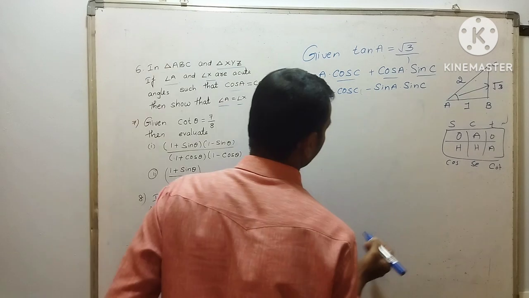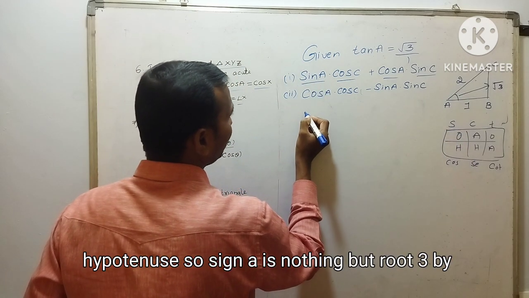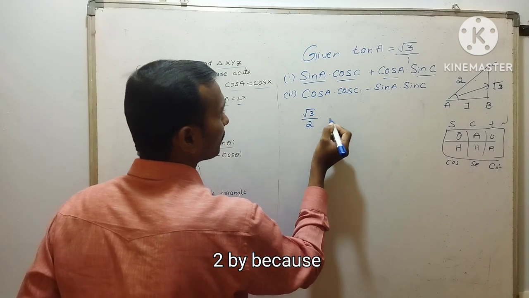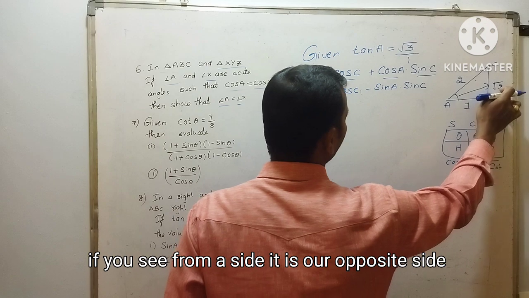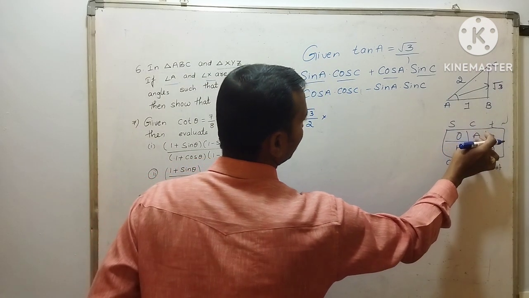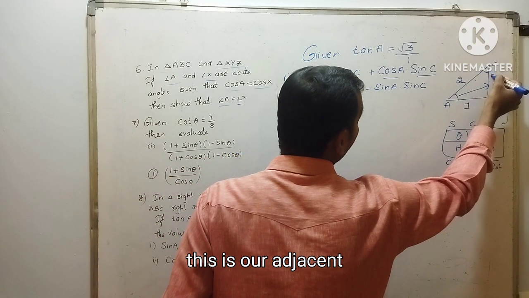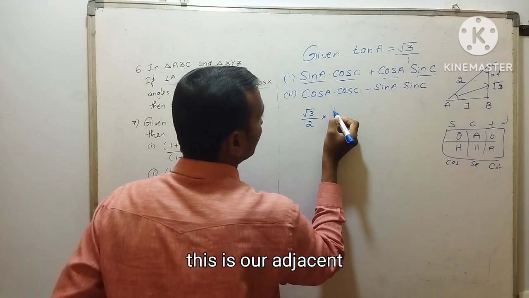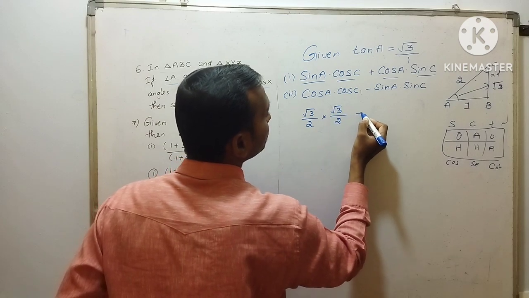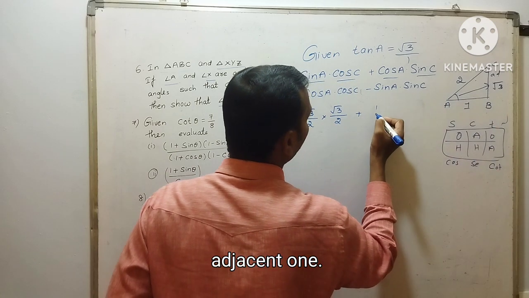So now, sine is nothing but opposite by hypotenuse. So sin A is root 3 by 2. Why? Because if you see from the A side, it is our opposite side. This is the hypotenuse. Cos C: cos is nothing but adjacent by hypotenuse. From the C side, this is our adjacent, so root 3 by hypotenuse, which is 2. Cos A: from the A side, this is our adjacent, 1.